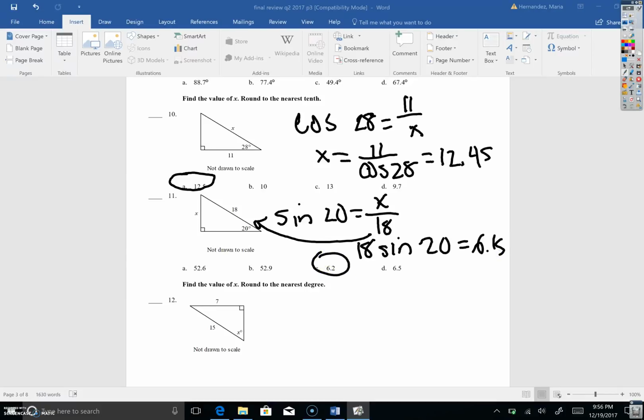Okay, again, we're looking for angles. Whenever we look at angles, we have to do the inverse. So we got opposite over hypotenuse. So I'm going to do sine -1. Opposite is 7 over 15, and we get 27.8.